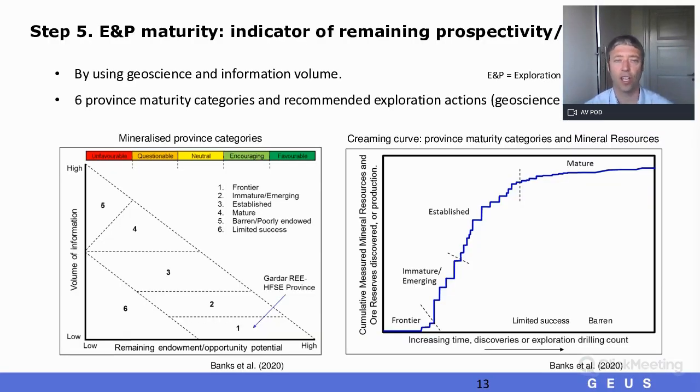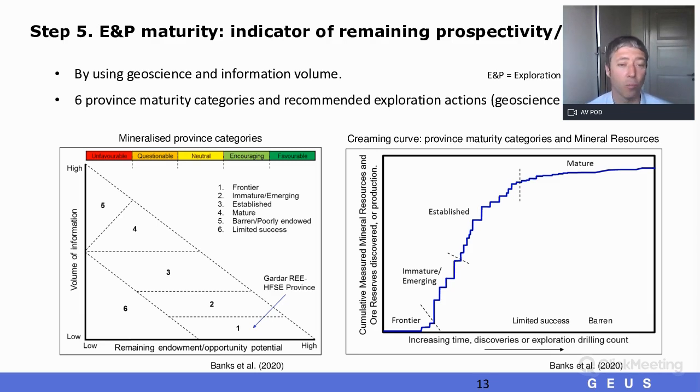The next stage is to determine how much exploration and production has occurred in a province to get an indicator, therefore, of how much remaining prospectivity or business opportunity there can be. And so what we've done is we've created a matrix based on lots of geoscience criteria and also strength of information to create 6 maturity categories.